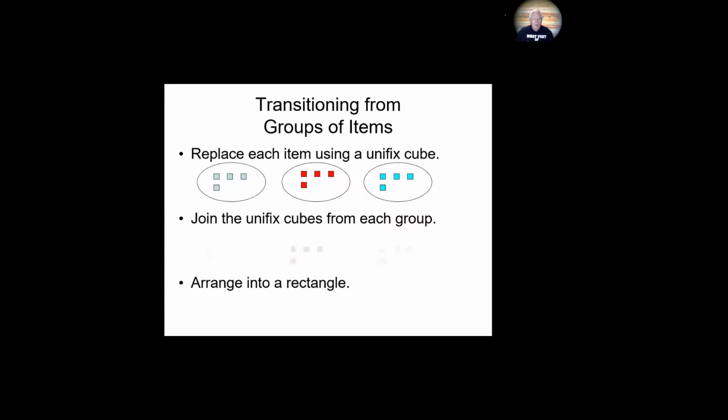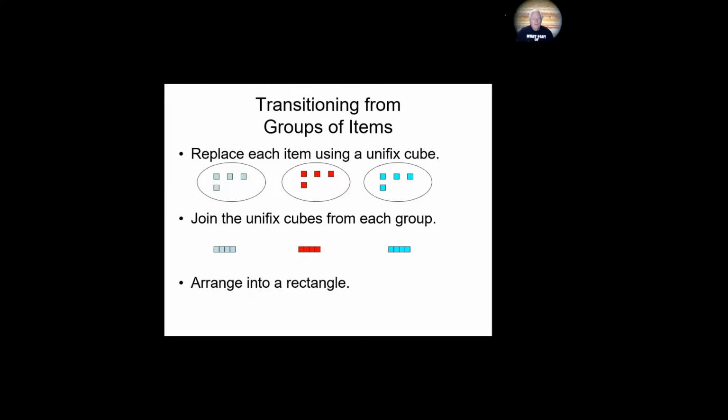Now, what we're going to do here is we're going to join these unifix cubes from each group. And again, I recommend using those little snapping cubes because it makes the actions a little easier. They take longer to snap together, but once you snap them together, they're a lot easier to manipulate because you can handle them and work with them as a group.